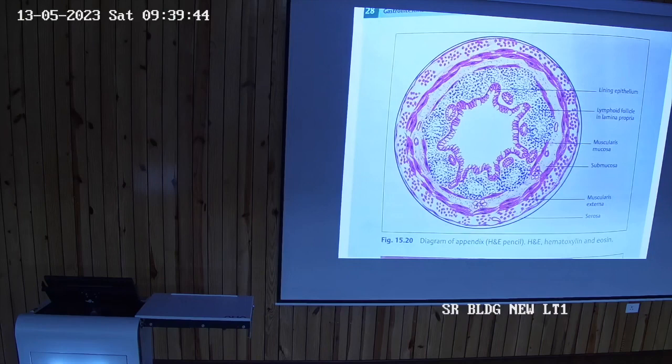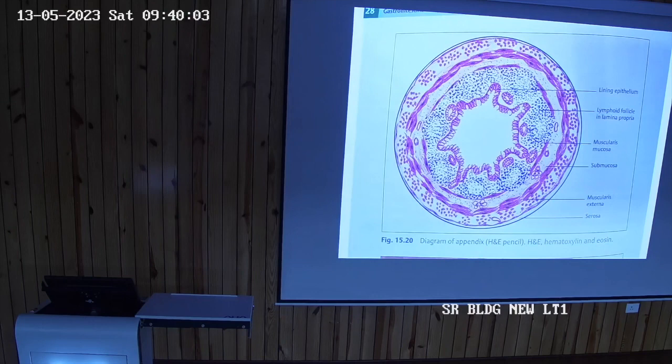These are the differentiating points by which we can differentiate the slides of colon or appendix. So when I ask, I hope you will reply. Otherwise, we cannot differentiate whether the slide is of appendix or colon.